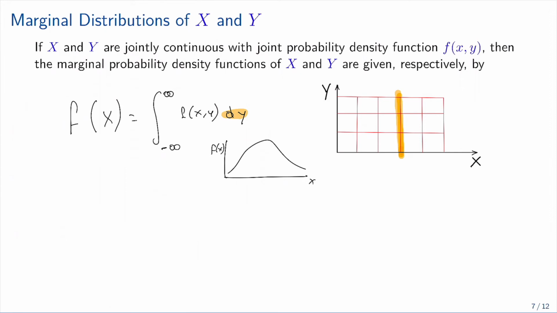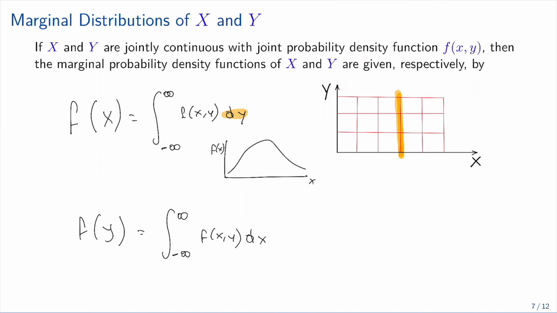On the other hand, if we want the probability density function for y, we have f of y equal to the integral from minus infinity to infinity of f of x y integrated over dx.